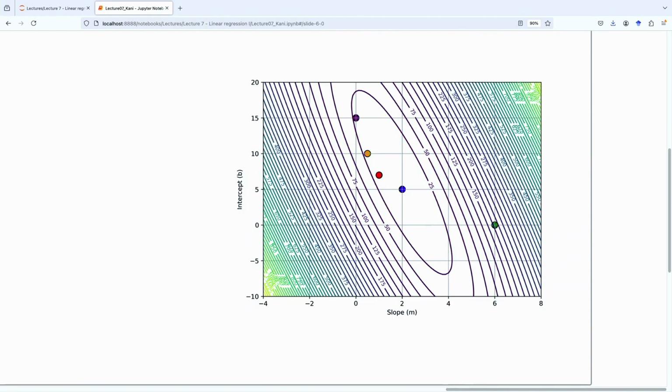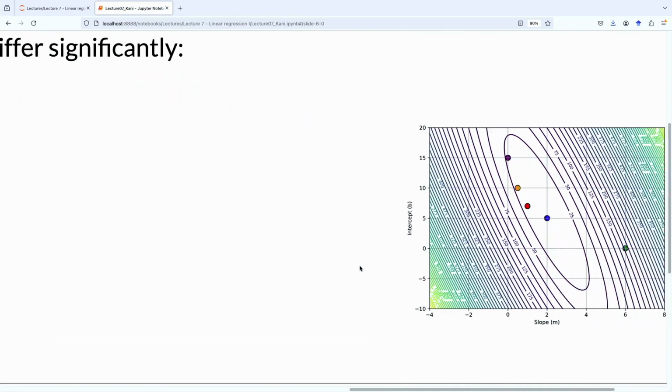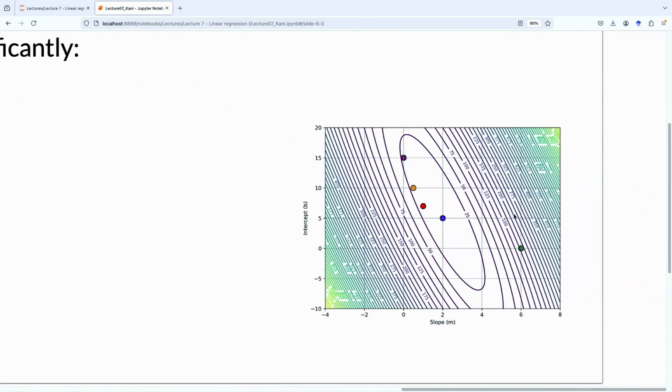So what do we know? What do we want to do from here? Well, we have this parameter space, and for any given set of parameters, for instance, a slope of 0 and a bias of 0, you get a particular loss right around 150. So in this case, what we want to do is very simple.